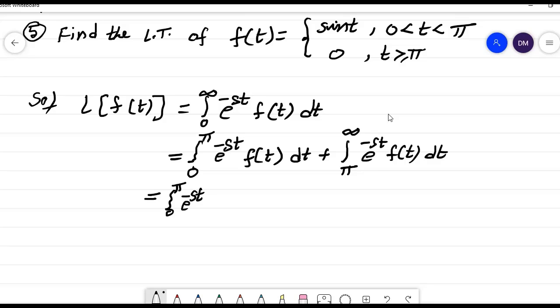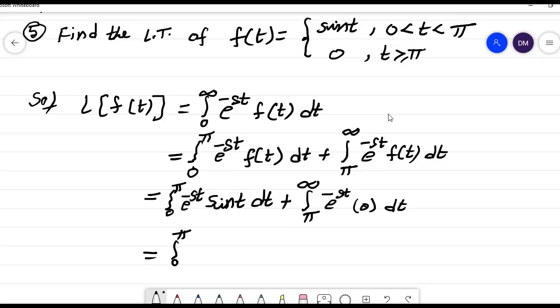It is sin t, so in place of f of t we write sin t dt, plus the integral from pi to infinity of e power minus st. In the range pi to infinity, f of t is 0, so it is 0 into dt. So this equals the integral from 0 to pi of e power minus st sin t dt plus, here 0 into anything is 0, so this value is 0.